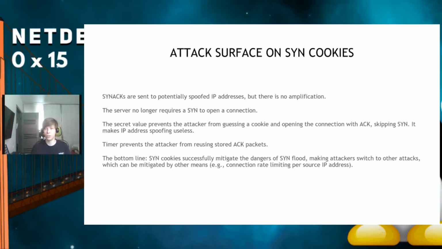Let's see if syncookies expose new breaches. First of all, we send the SYN-ACK to a potentially spoofed IP address, which hints us on possible amplification attacks. In such attacks, the attacker sends a low amount of spoofed traffic to the server, making it reply with bigger amount of traffic to the victim.